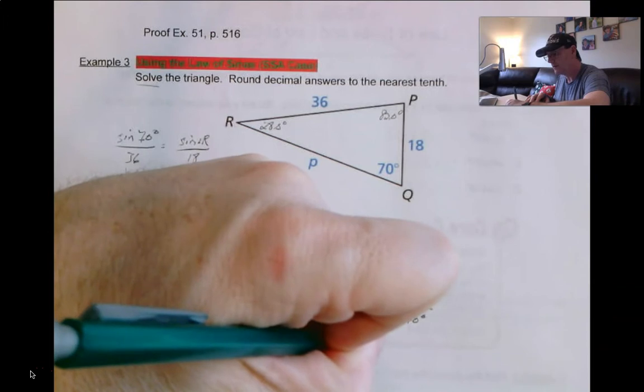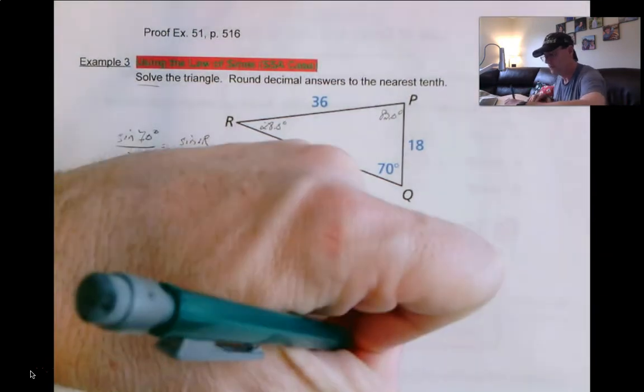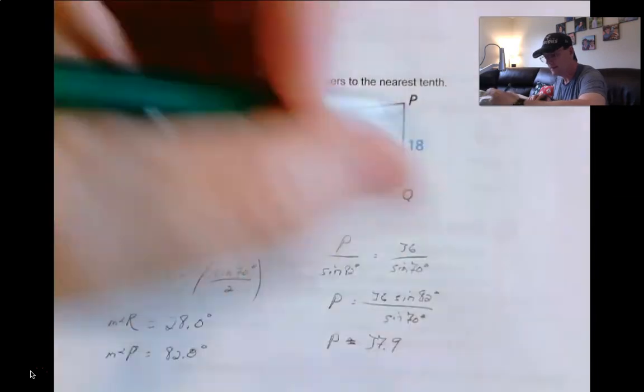P is approximately equal to 36 times 82, oops, wrong button, 82 sine divided by 70 sine equals 37.9 units.